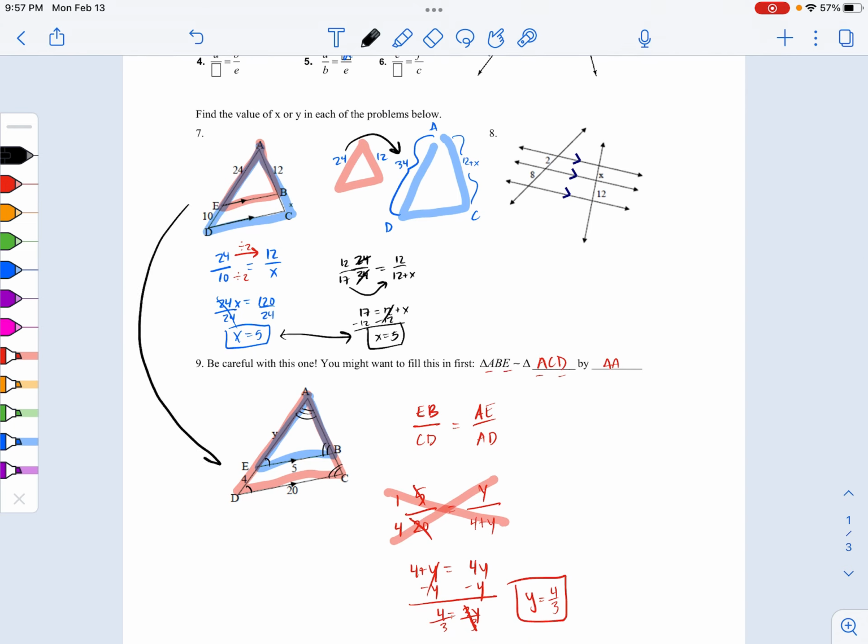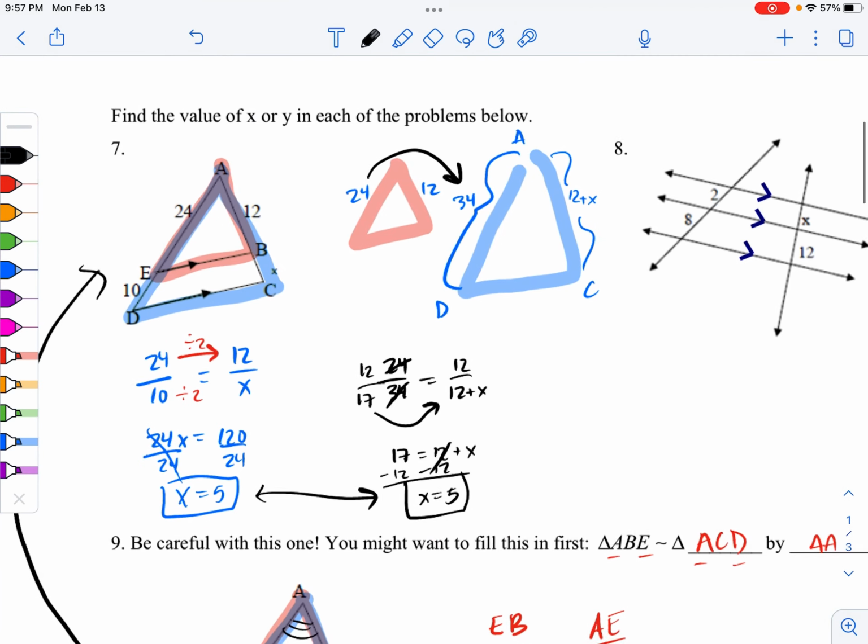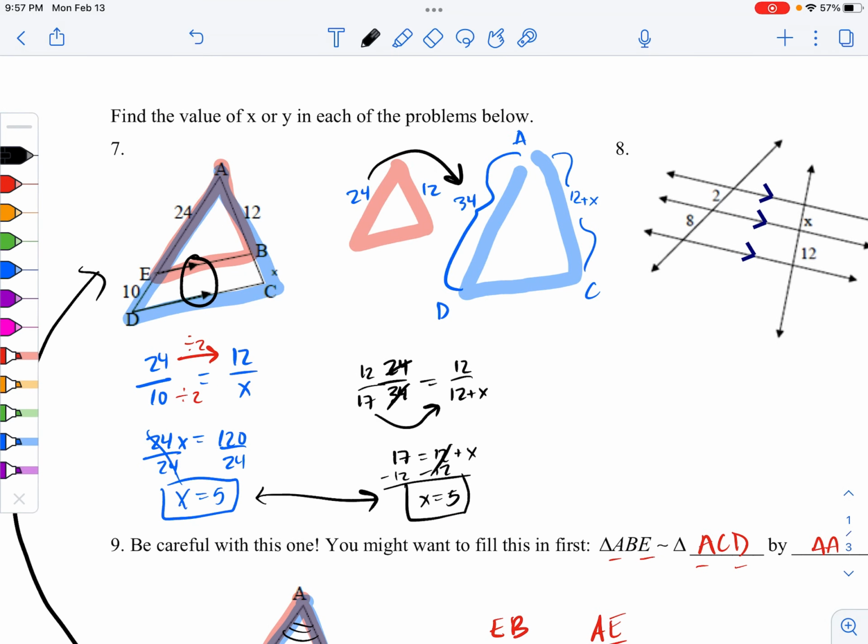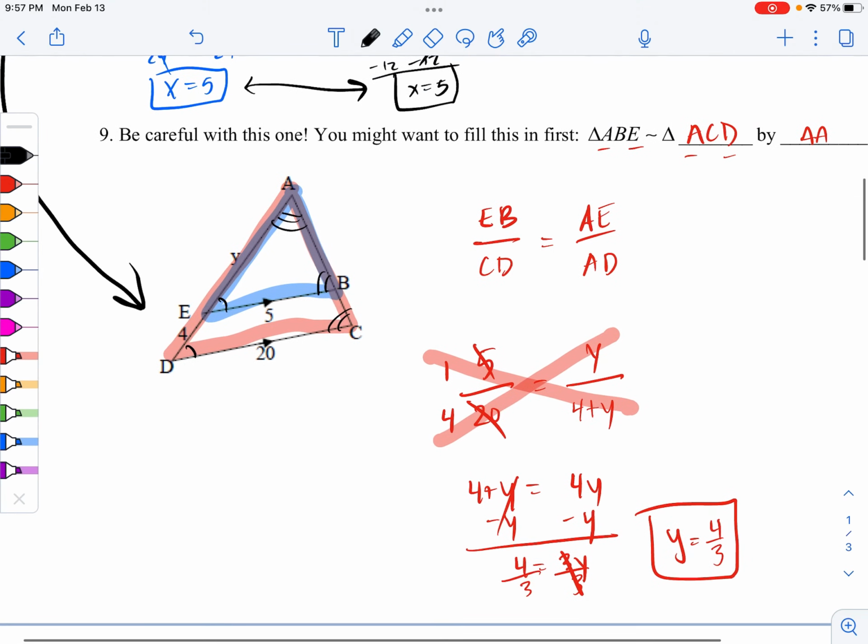When we're working with side splitter versus similar triangles, the difference is the base, okay? In number 7, when we're looking at the parallel lines in particular, the sides are the ones we're working with, okay? In number 8, the difference is one side is given, but the bases are also given.